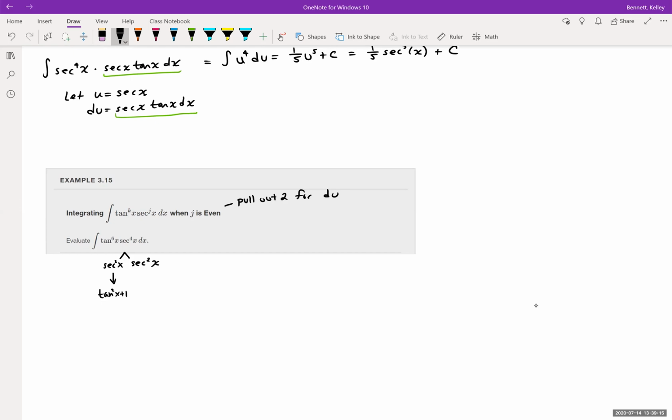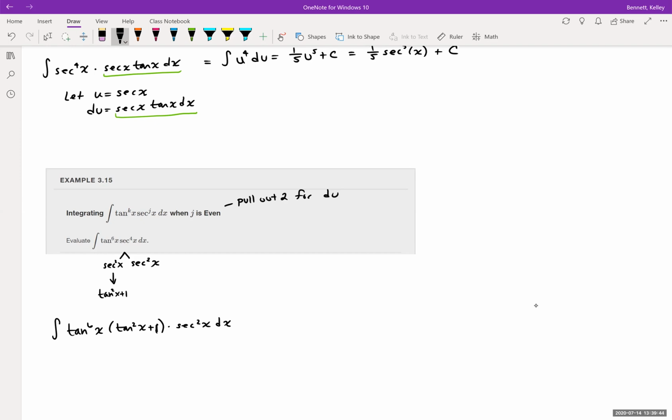Which is good because we can combine that with tan to the 6th. So if I rewrite this, I get tan to the 6th power times tan squared plus 1. So we still have our tangents and we also have secants, but in this case, it's going to be secant squared. And if this were a classroom setting, I'd say, well, why is secant squared really good?